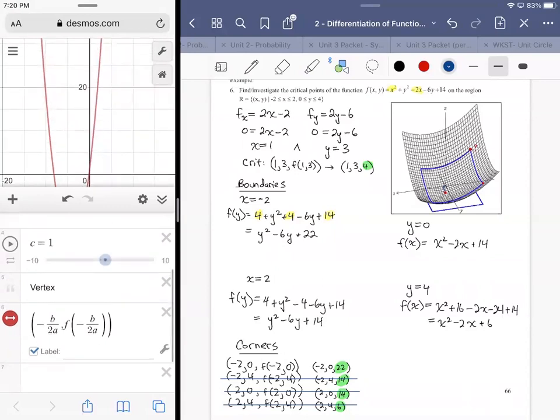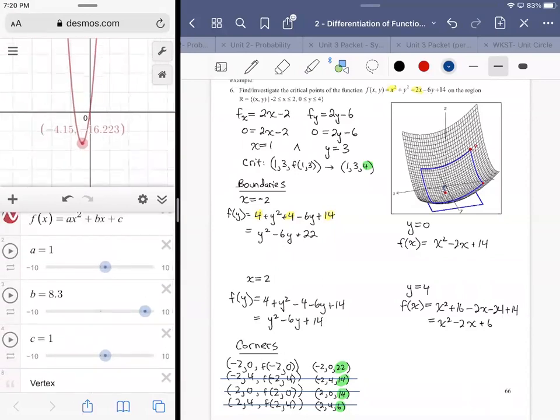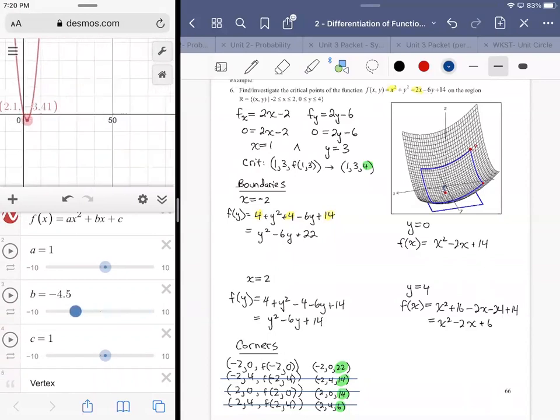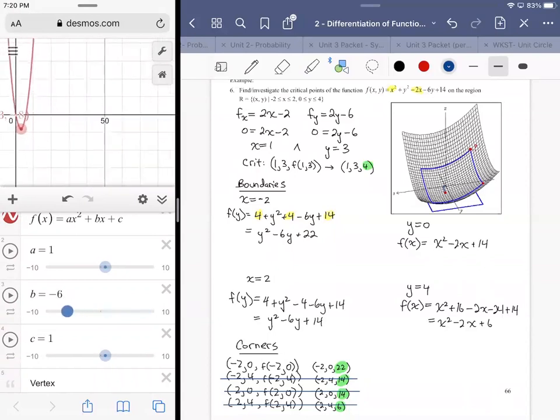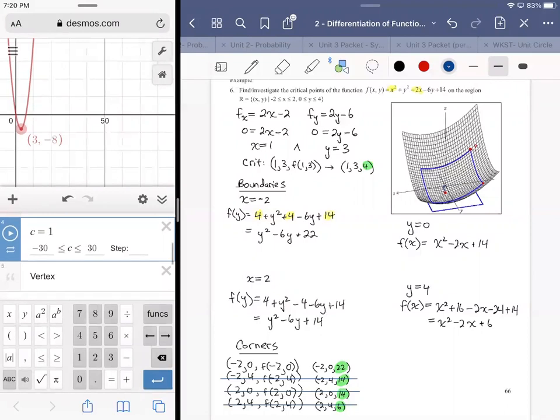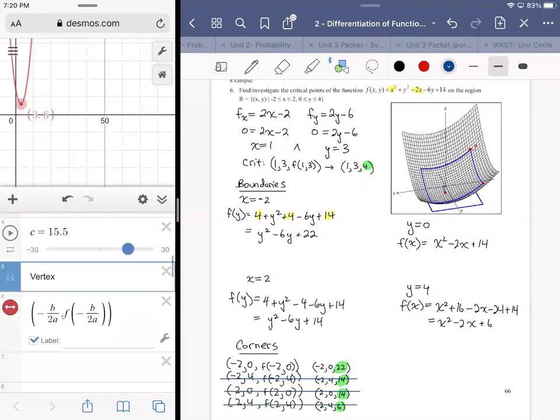So I just need to go back and take a look at these values, 1, -6, and 22. I'll up my maximum value to like 30, so I want to get to 22.